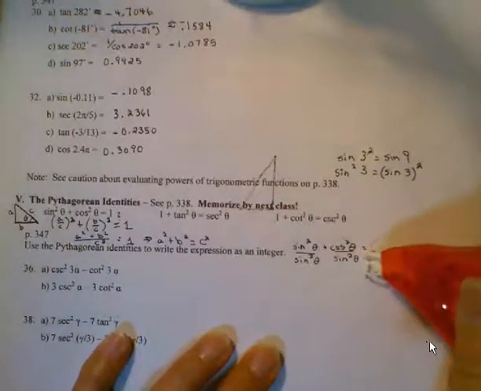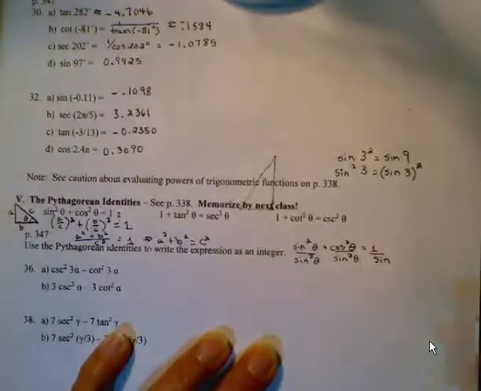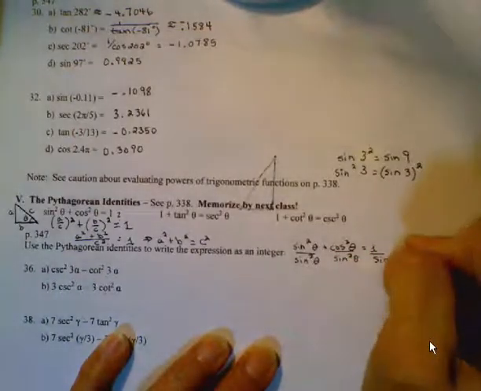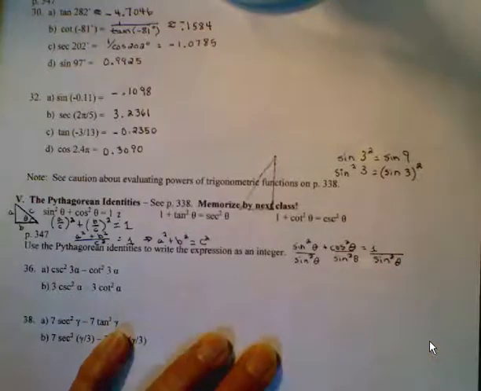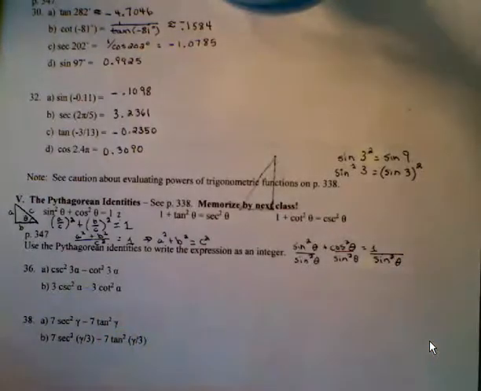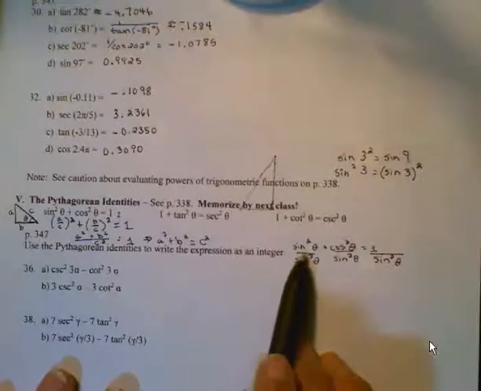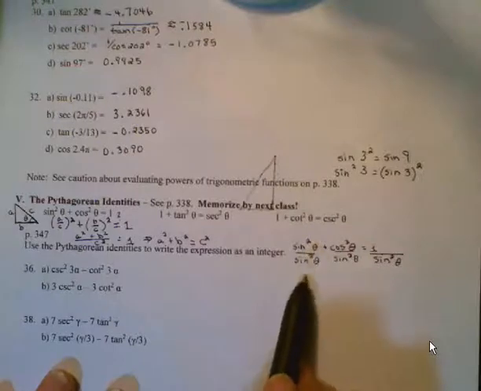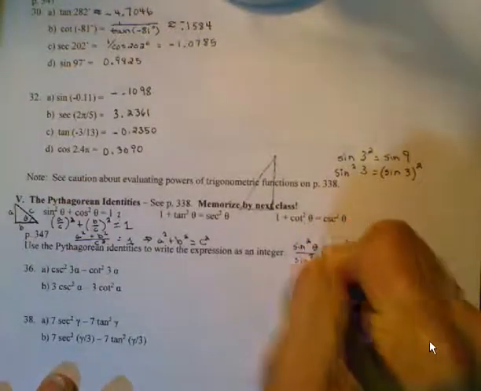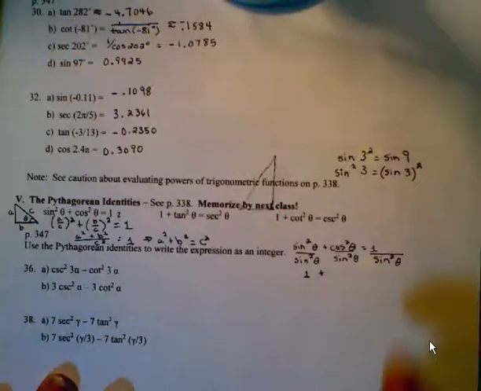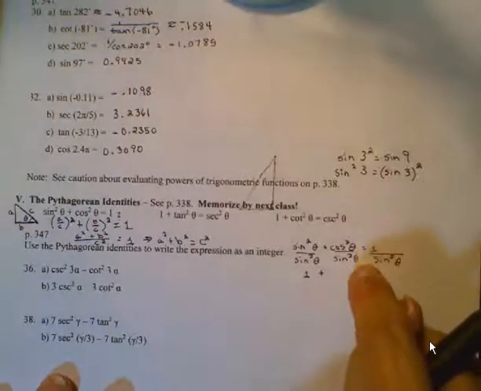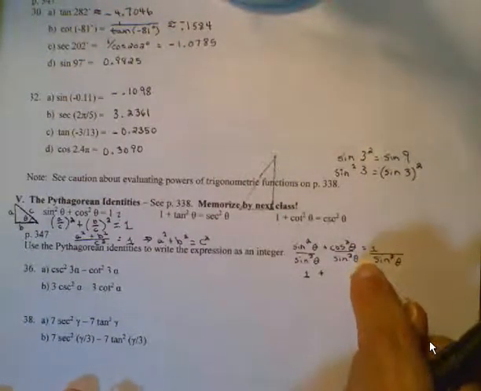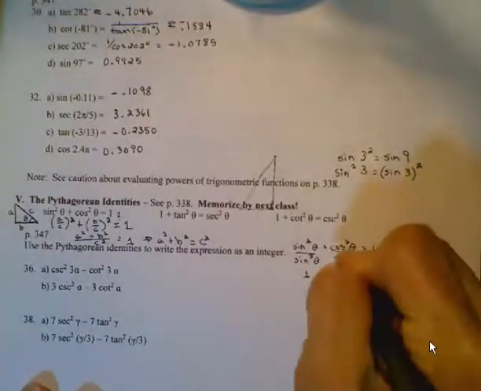I'm dividing both sides by sine squared. Notice what that will simplify to. Sine squared theta divided by sine squared theta is just 1. Cosine squared theta over sine squared theta, that is cotangent squared theta.